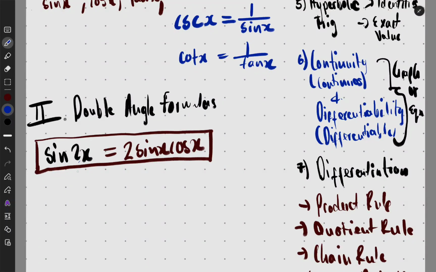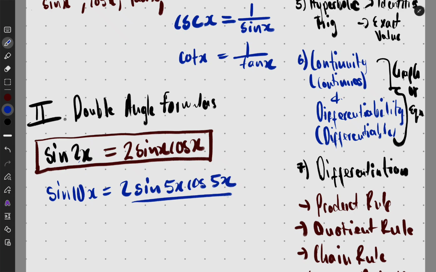What you must know is that double angles are not only for sine 2x, although you're going to get sine 2x a lot, but it can work also if you had a sine 10x. This is just going to be 2 sine, you half this. If it's 10x, it'll be 2 sine 5x cos 5x. So if you see 2 sine 5x cos 5x, remember this will be a sine 10x.